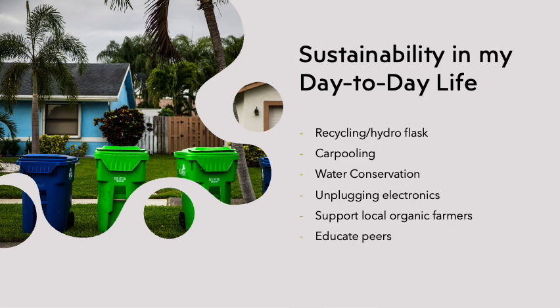Carpooling is sustainable because it helps reduce greenhouse gas emissions, conserves energy, reduces traffic congestion, improves air quality, and lowers overall transportation costs. Water conservation reduces water waste, saves energy, lowers your utility bills, and promotes sustainable habits. By making this simple change, I am actively contributing to more responsible water usage.